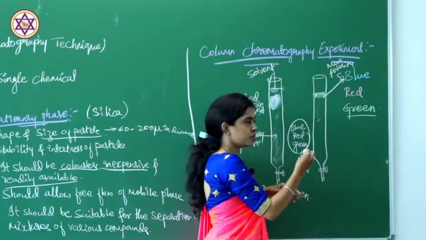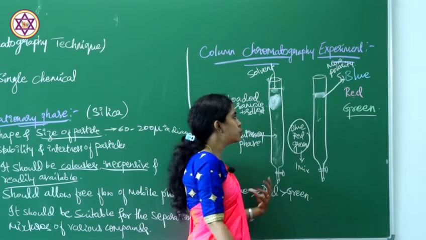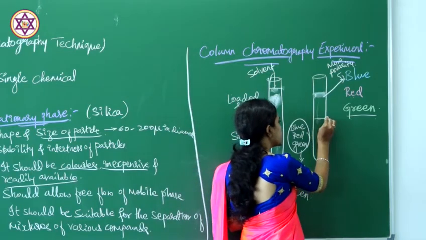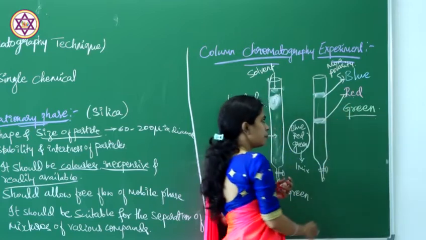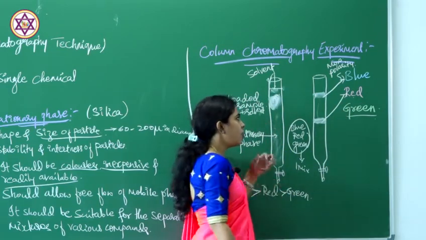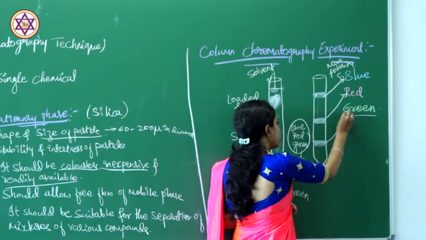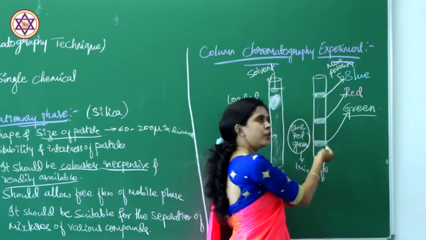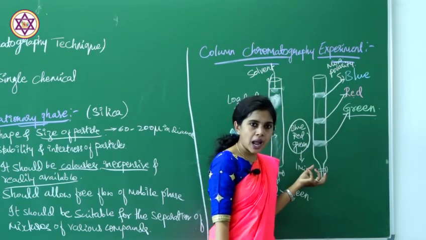After some time, its polarity is less compared to blue. Therefore, here we can observe the red color band. Then after that we observe the green color band, because it is left over. Like this we are going to get 3 different bands here.